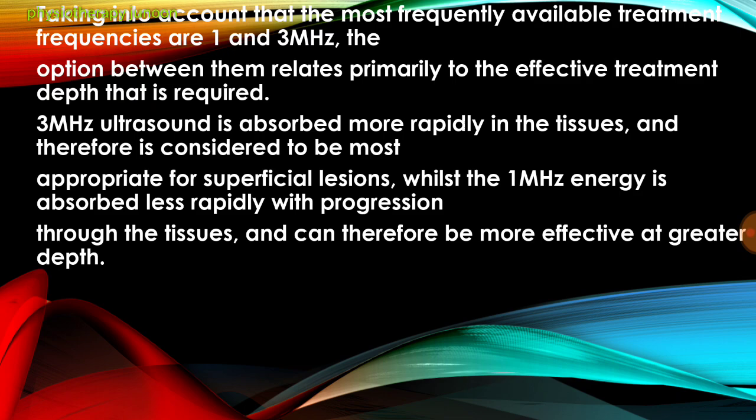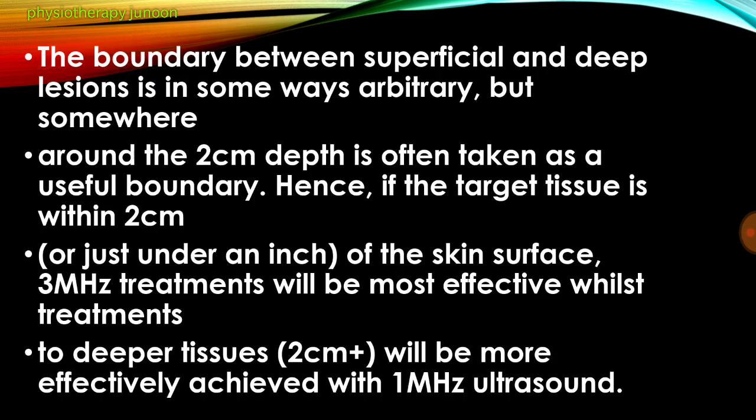One point is very clear. Second, the boundary between superficial and deep lesions is in some ways arbitrary, but somewhere around 2 centimeters depth is often taken as a useful boundary.